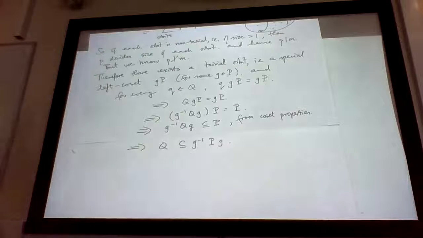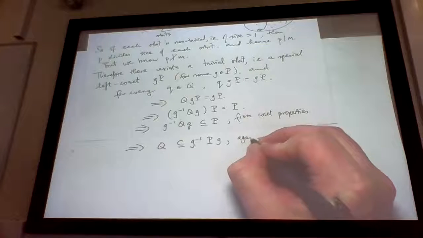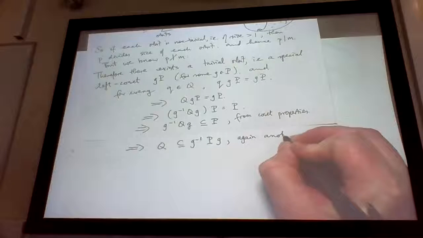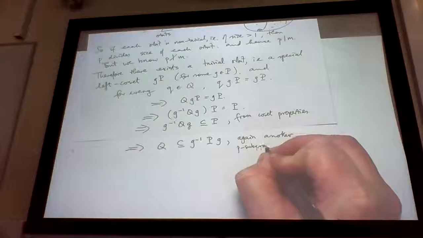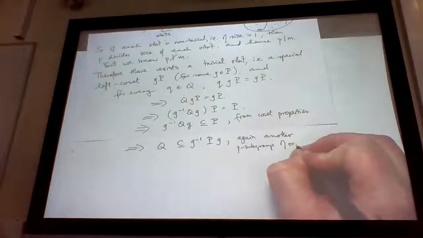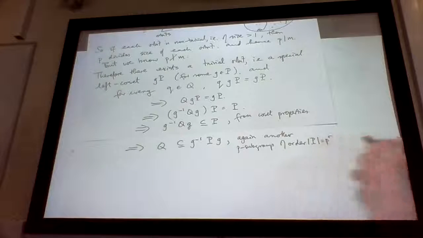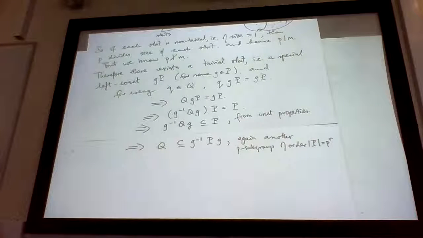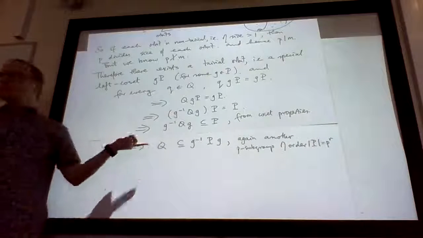So this is again another p-subgroup of order, well, it's got the same order as P, which is p to the r, the biggest possible power of p within G. But now remember, the Q was special as well.